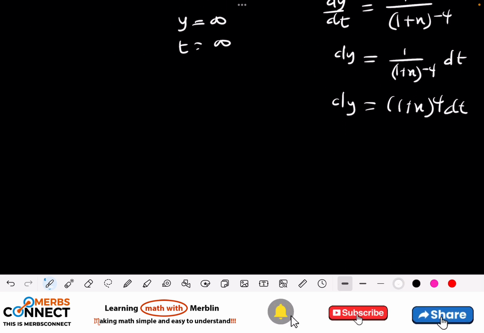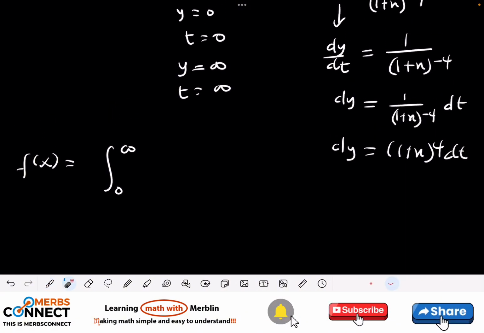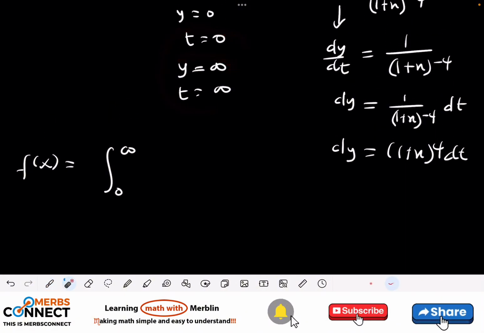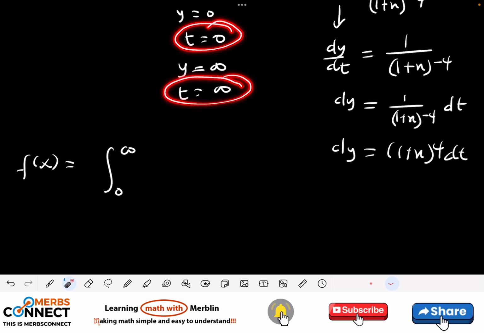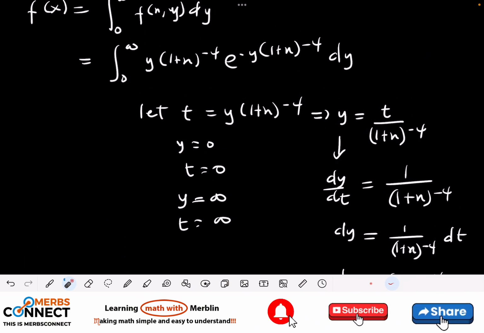So what will be f of x? F of x will be equal to the integration from 0 to infinity. What is it for t? Our new t is also from 0 to what? Infinity. Now the question is, what is y? Y is here.